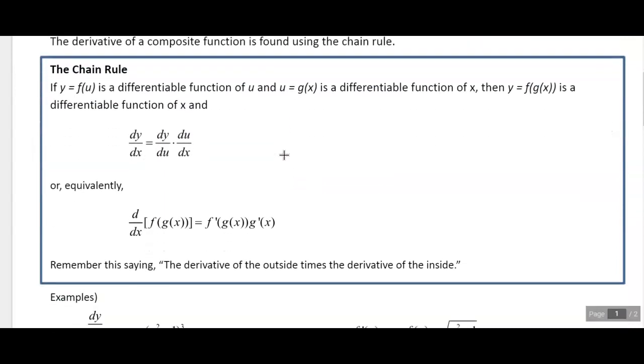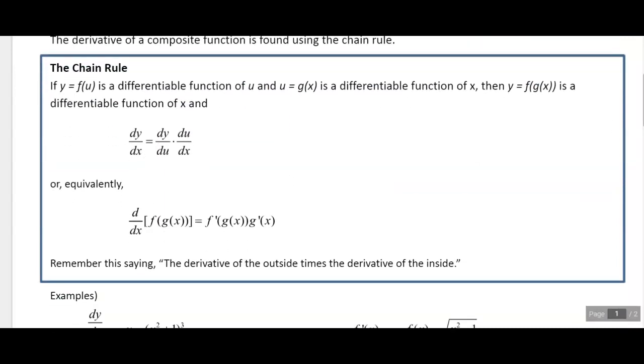Now, it sounds really complicated, but this is the formal definition, which you don't ever need to know. Basically, we have some outside function and some inside function, and your goal is to recognize which function is on the inside and which is on the outside.